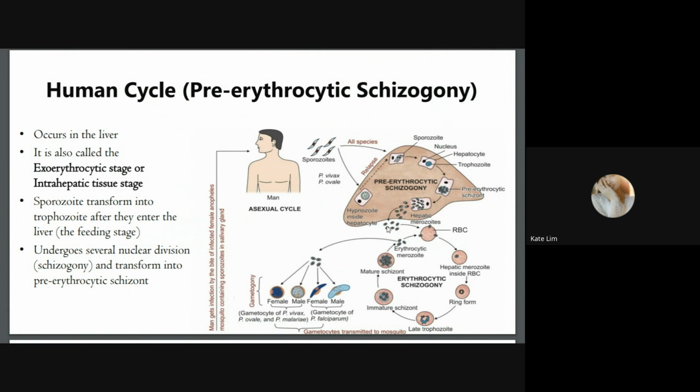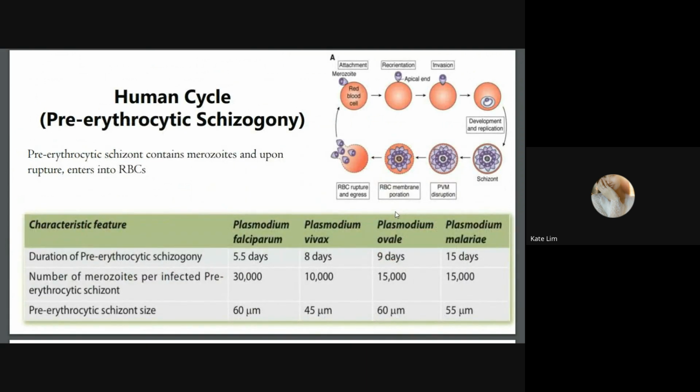These merozoites are released and enter the bloodstream, where they invade the RBCs and continue the life cycle of the malaria. So this is what actually happens here.